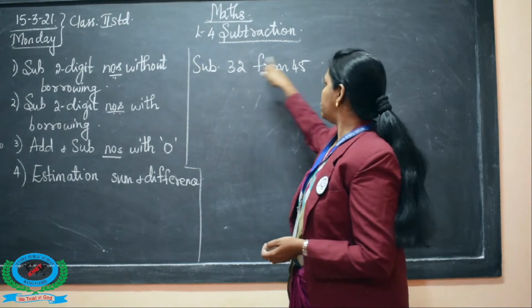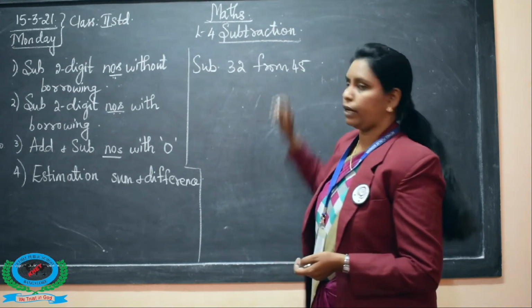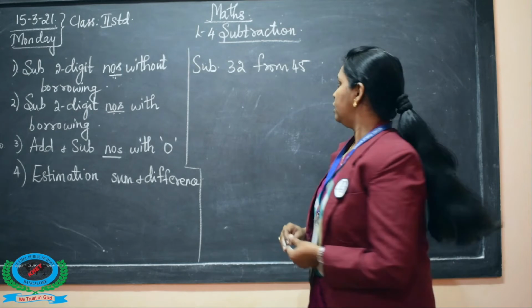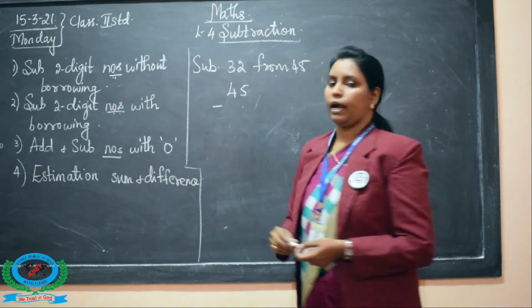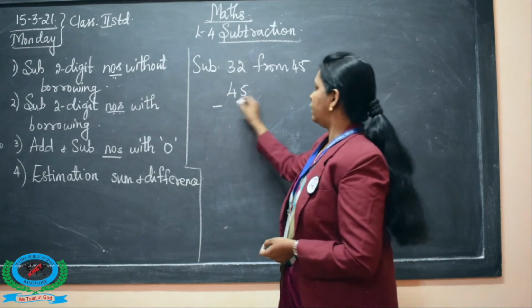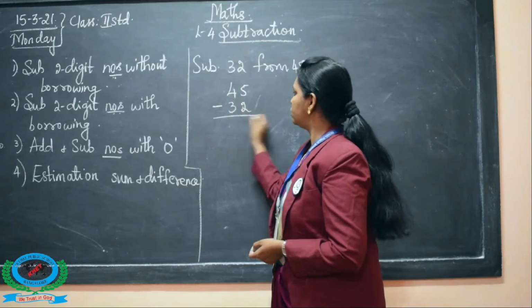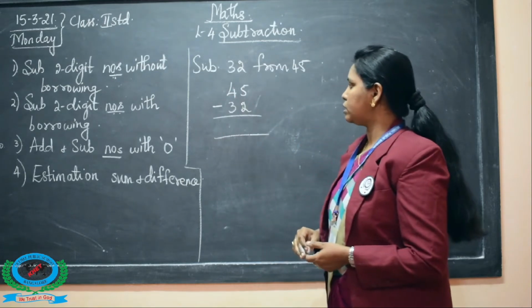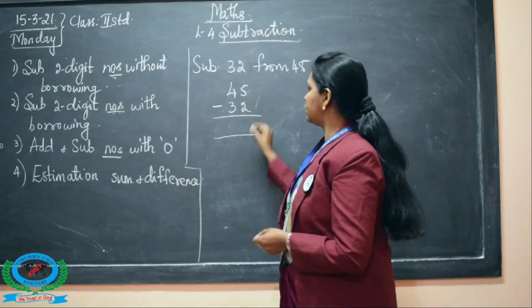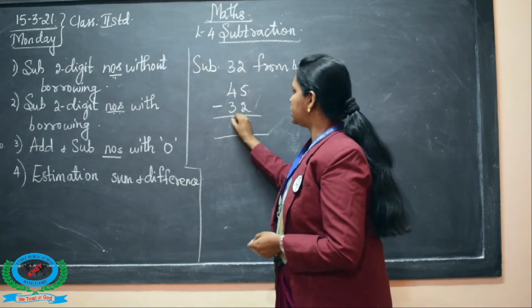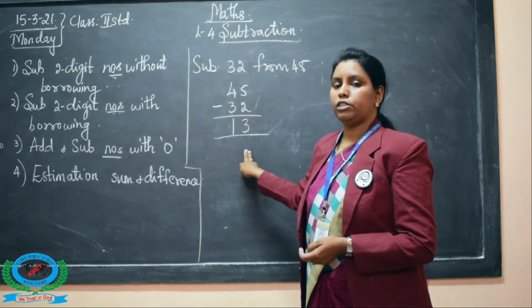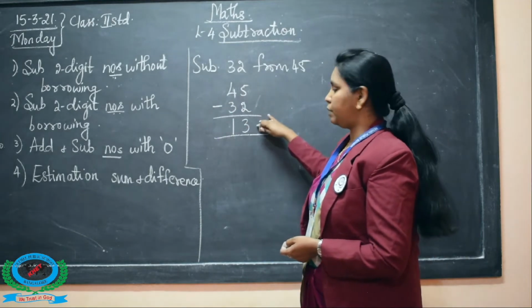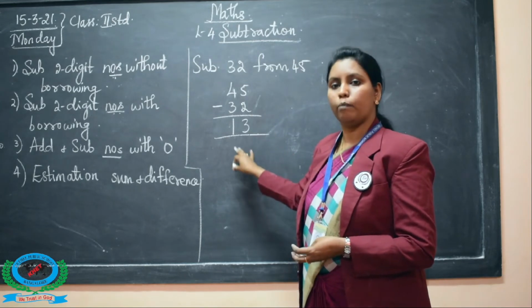You have to subtract it from 45. So here 45 will be the first one and minus 32 will come down. So here also what you can do is 5 minus 2 is 3 and 4 minus 3 is 1.